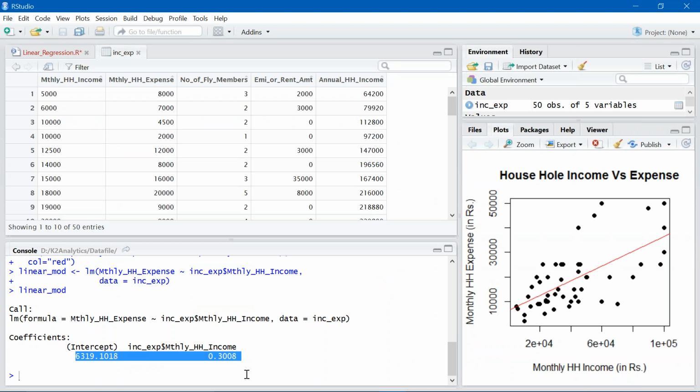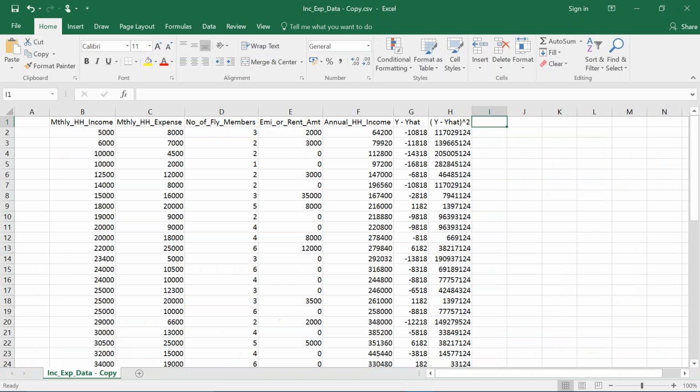So I'll take this 6319, I'll put it here and 0.3008 times income.